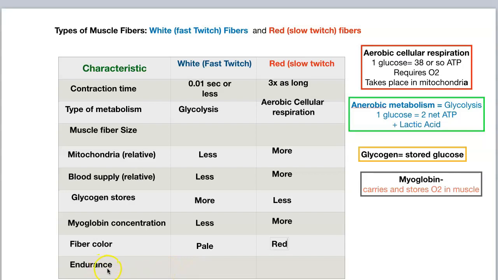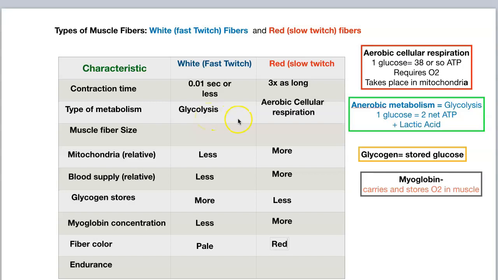Now we're coming down to this thing called endurance. What is endurance? That means the ability of the muscle fiber to keep contracting without fatiguing. It doesn't cramp up. So we look at our white fast twitchers. They are using glycolysis.